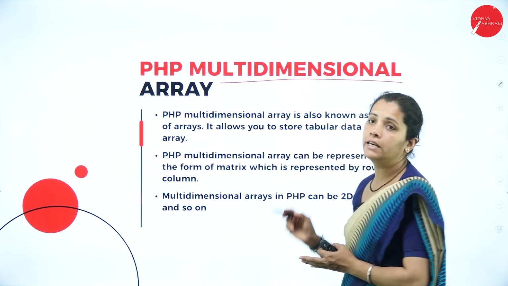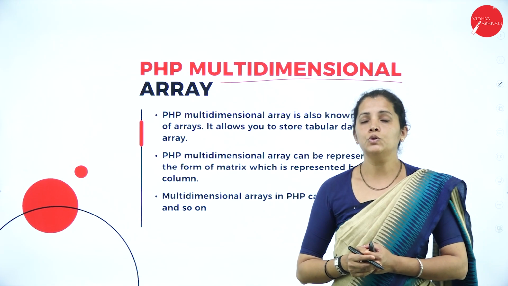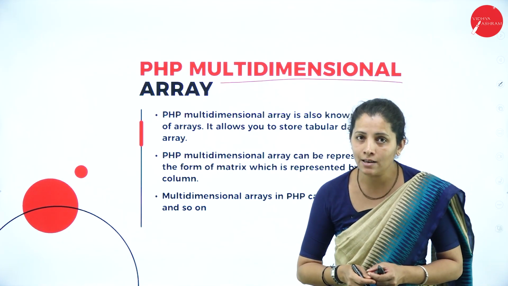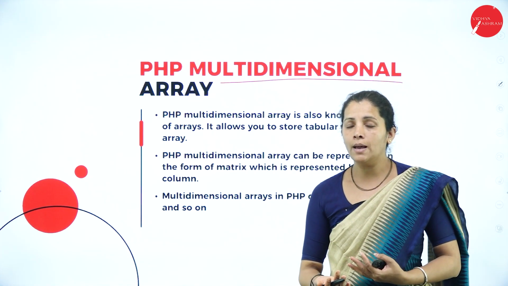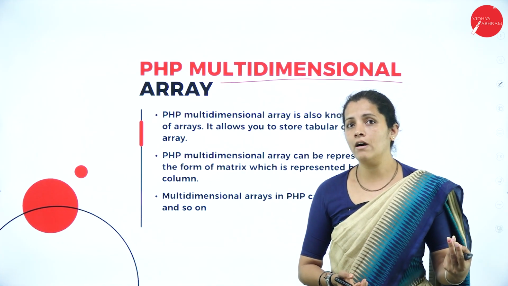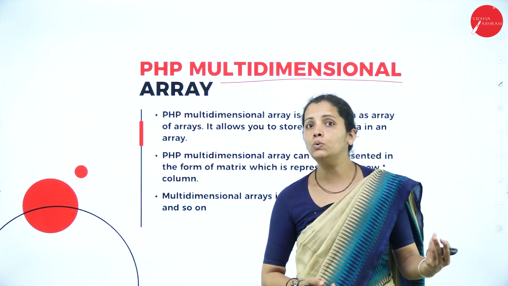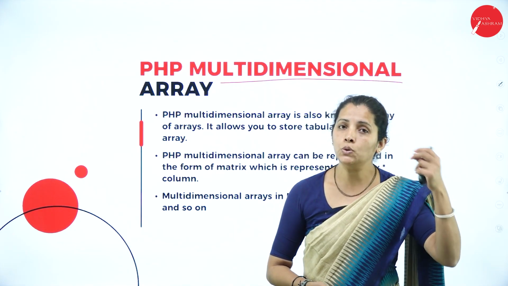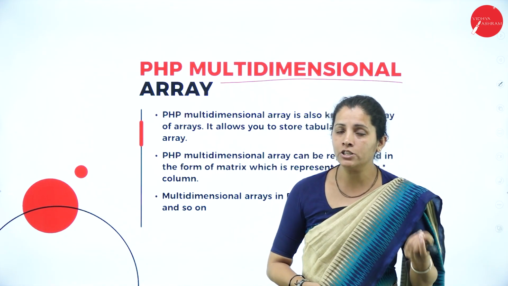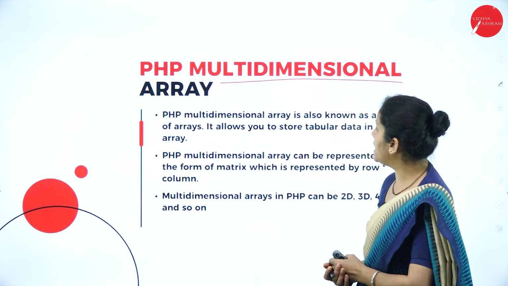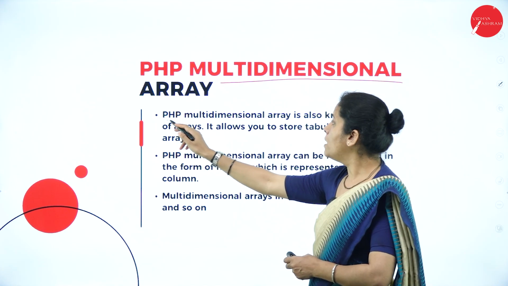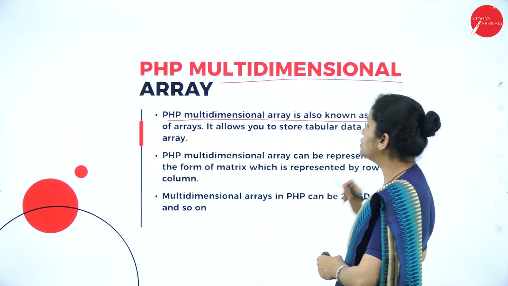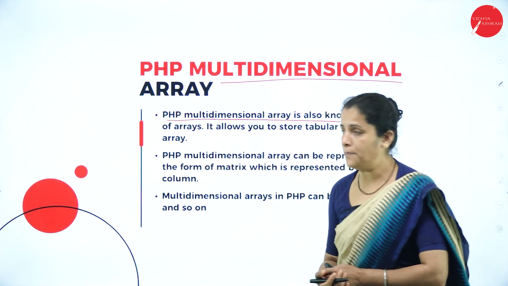Now, in PHP we have another type of array, which is the multi-dimensional array. It is nothing but a 2-dimensional array or 3-dimensional array. Other programming languages like C, Java or .NET also have the 2-dimensional array. A multi-dimensional array is also known as an array of arrays.